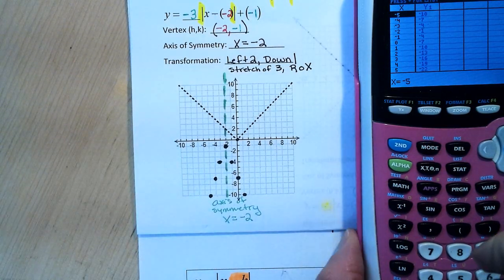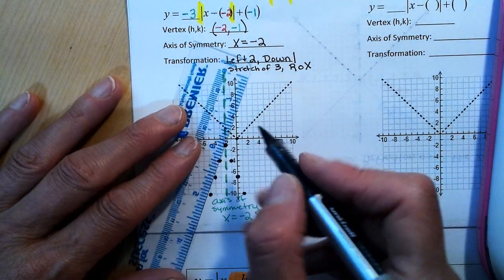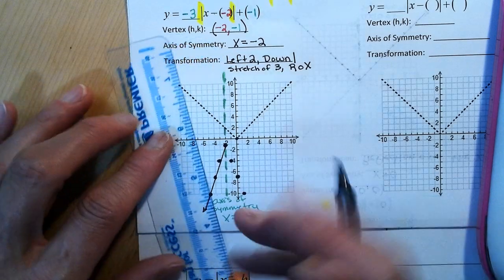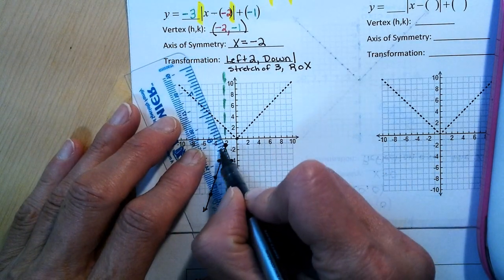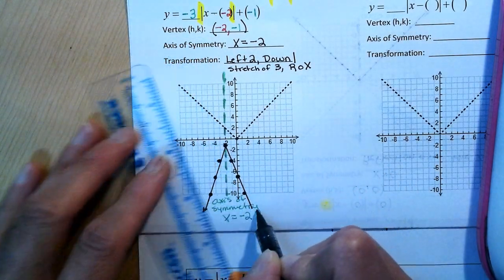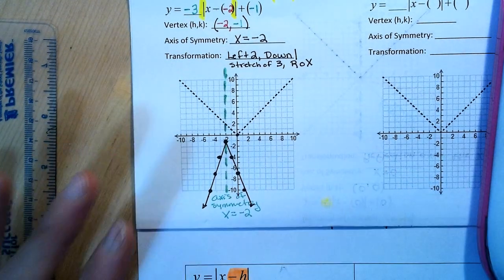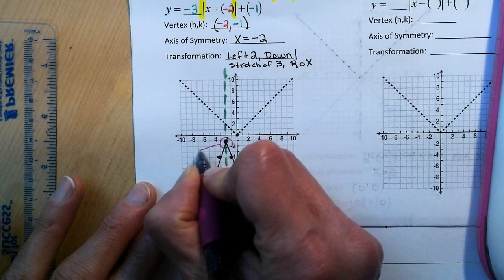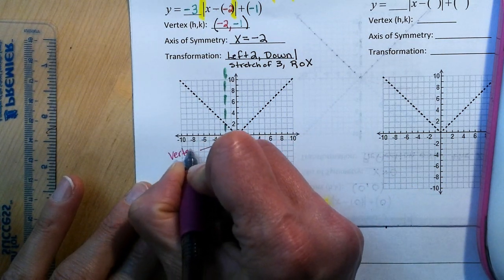Okay, so I can now draw this in. And my vertex again is right here. That's my vertex.